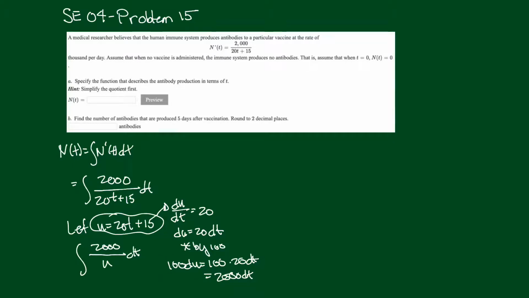All right, so here's where we are now. I've got 1 over u times, and then what was the 2,000 dt? 2,000 dt was 100 du. So I'm going to write this as 100 times the integral of 1 over u du.